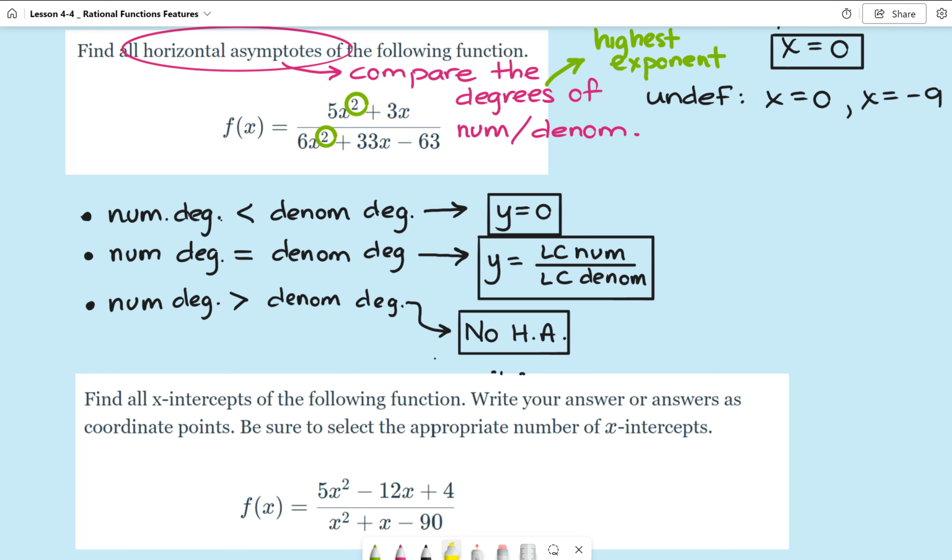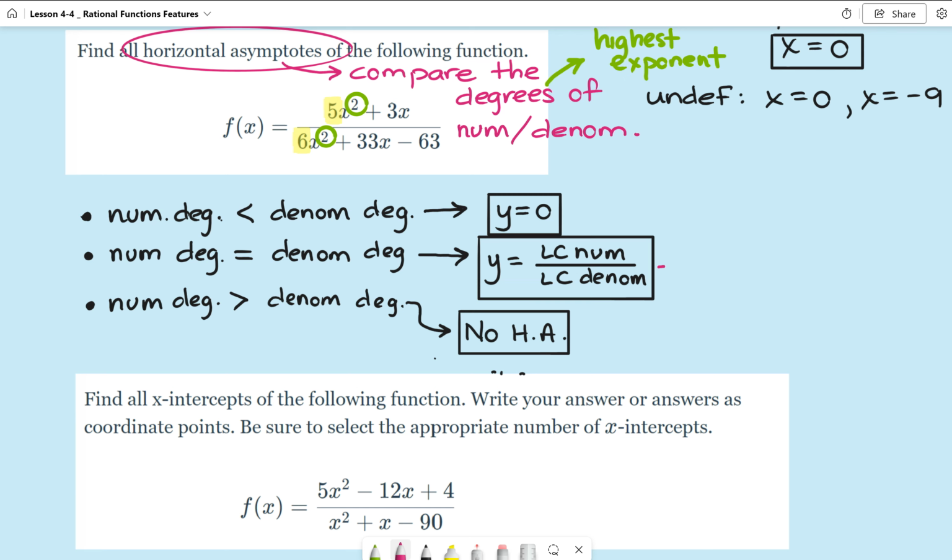Y equals the leading coefficient of your numerator over the leading coefficient of your denominator. So what is the leading coefficient of my numerator? Well, that is the coefficient of your leading term, and my leading term is the one that has the highest exponent. So the leading coefficient in the numerator is a 5, and the leading coefficient in the denominator was a 6.